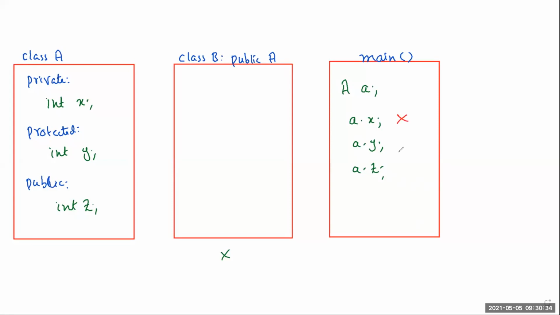Private cannot be accessed from the main, protected cannot be accessed from the main, only public can be accessed. This we know from day one. So it has nothing to do with inheritance. This you keep in mind: public can be accessed from the main, protected and private cannot be accessed. Agreed? So we agree on this.